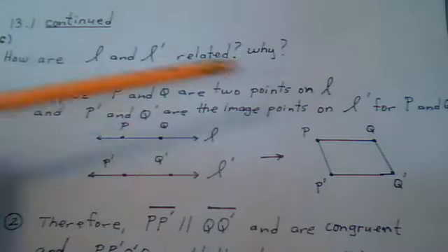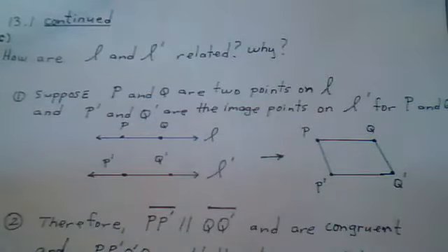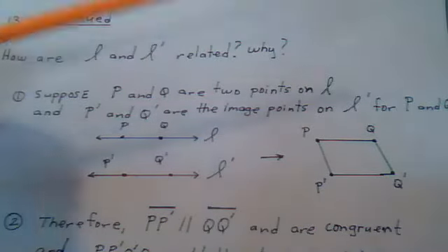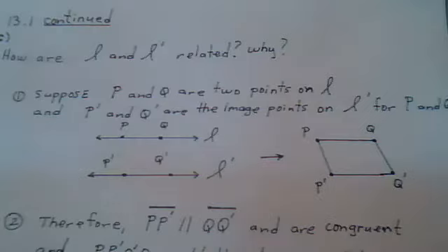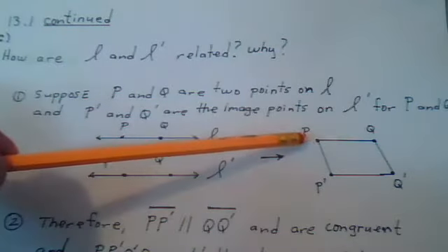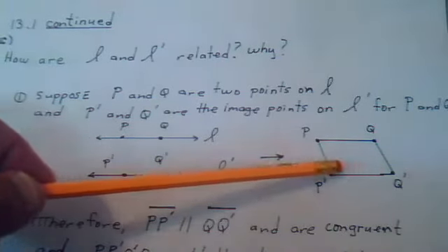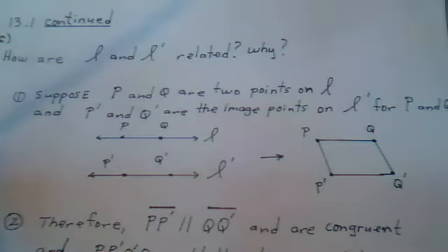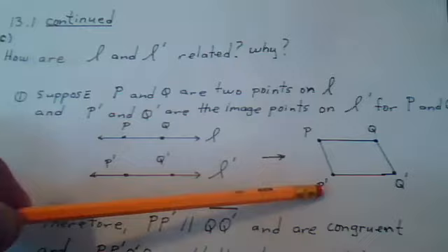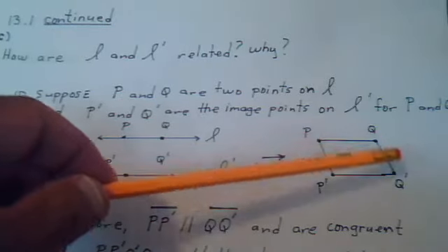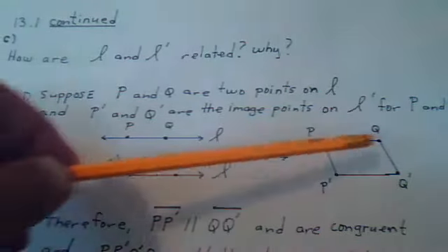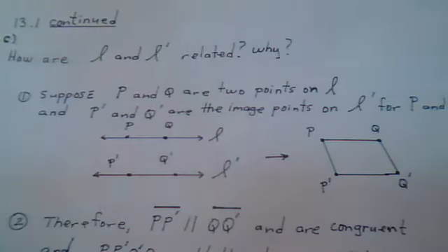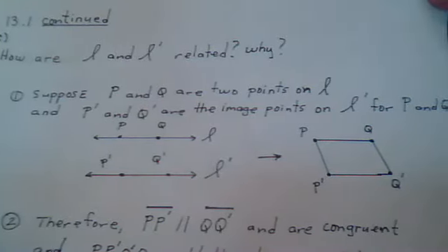Then a parallelogram is formed. When this parallelogram is formed, by definition, PQ is parallel to P prime Q prime. And P P prime is parallel to Q Q prime. Opposite sides of a parallelogram are parallel and congruent.